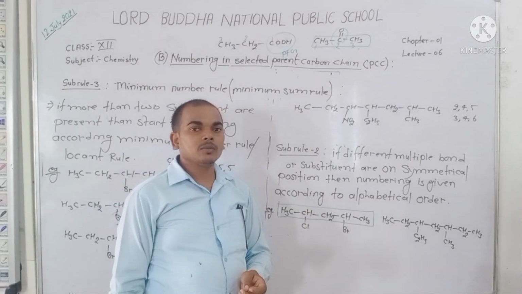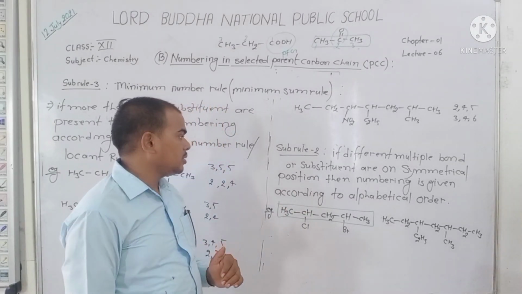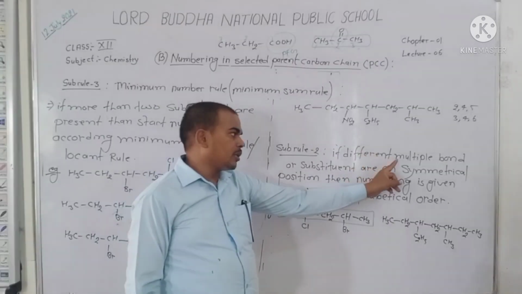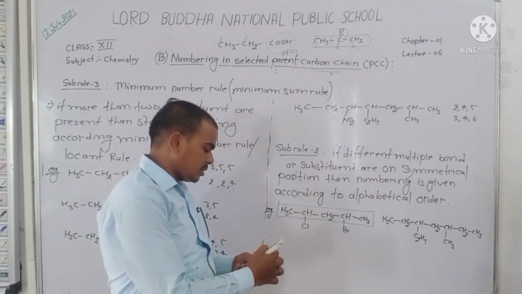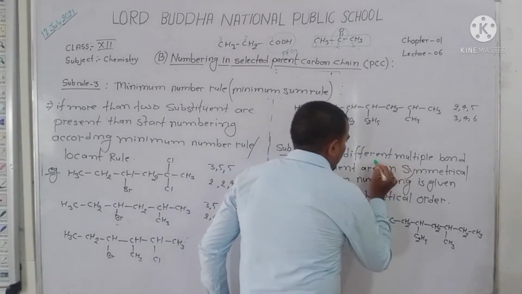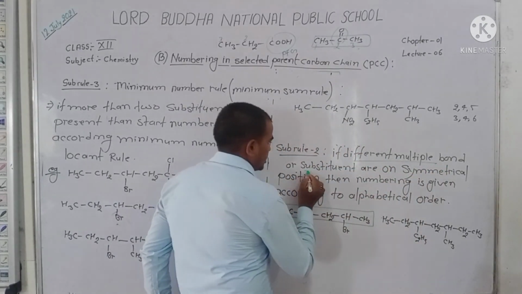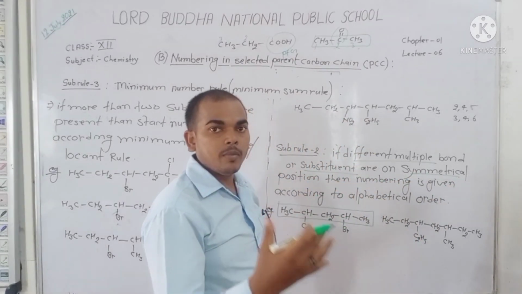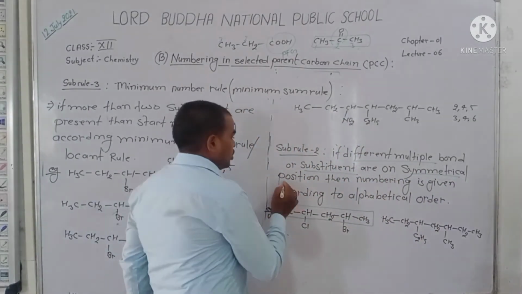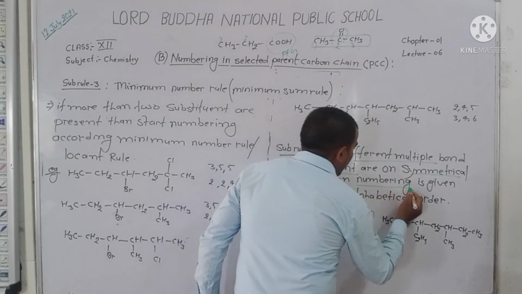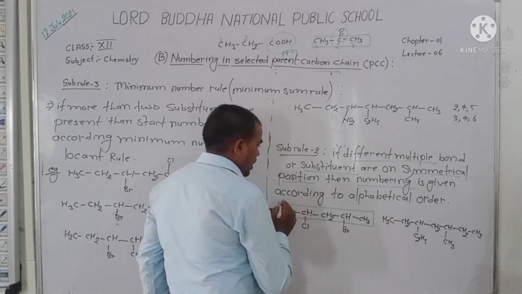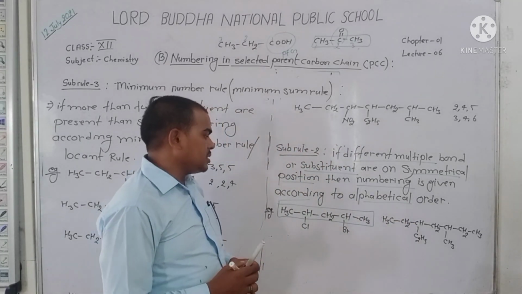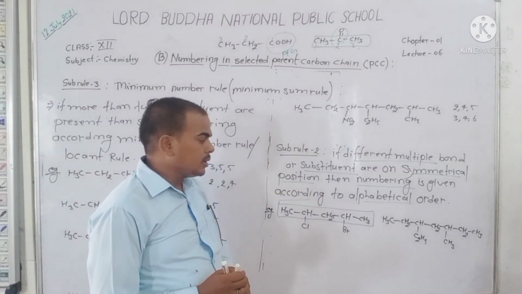In the symmetrical case, if there are different multiple bonds or substituents on symmetrical, meaning same positions, then numbering is given according to alphabetical order. Dear student, the numbering is according to alphabetical order.